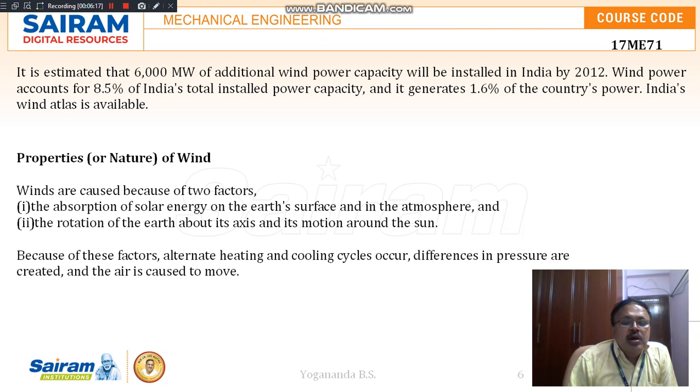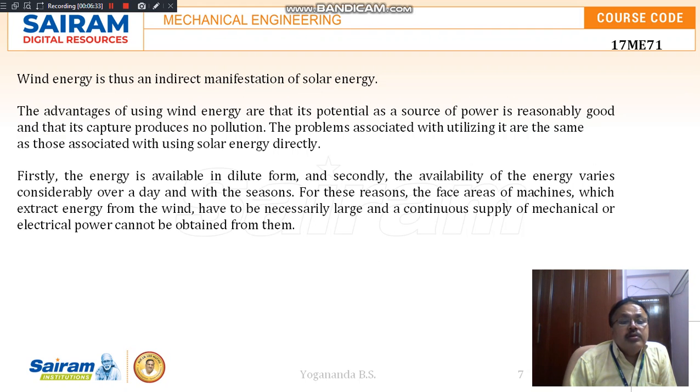These two factors make the wind occur. There will be alternate heating and cooling cycles, causing differences in pressure, and the air is made to move. Wind energy is thus taken as the indirect manifestation of solar energy.